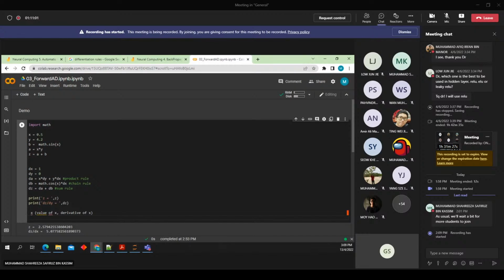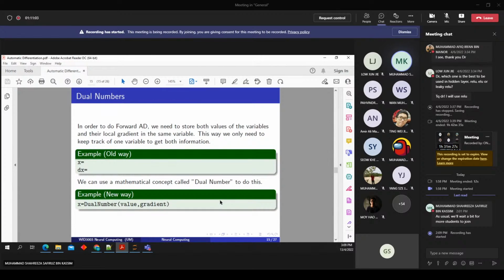So what we're going to do is use the concept called dual numbers, right? This is the old way. In order to do forward automatic differentiation, we need to store both the values of the variables and the local gradient. This way we only need to keep track of one variable, but you get both pieces of information at the same time.